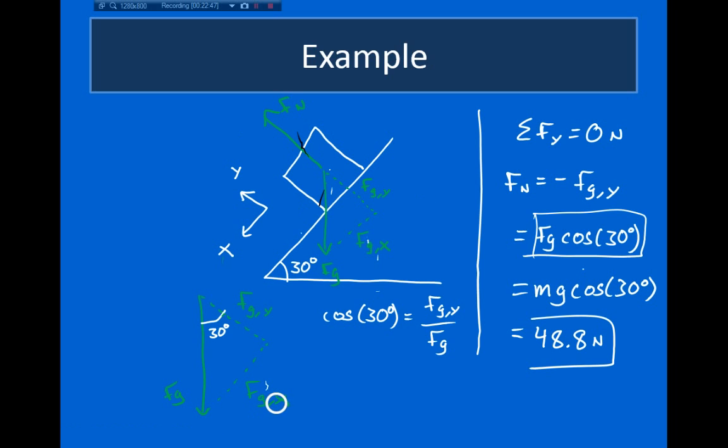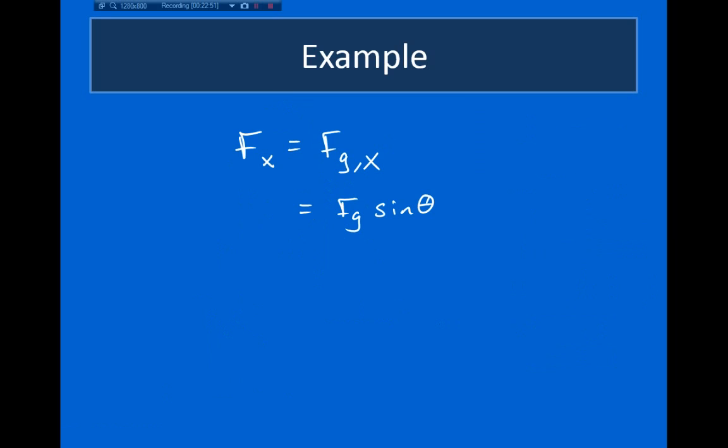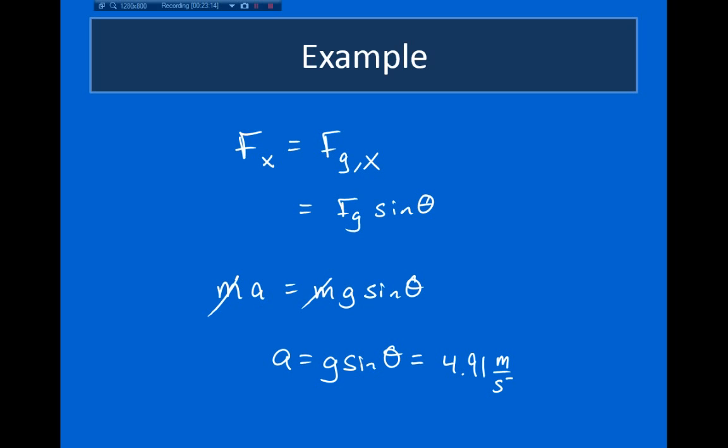Sine because it's opposite the angle 30 degrees. So we have ma equal to mg sine theta. The m's cancel, and my acceleration is g sine of theta. If I plug that into a calculator, we've got 9.8 here, and sine of 30 degrees here, and this is equal to 4.91 meters per second squared. So that's the acceleration of the block down the ramp.